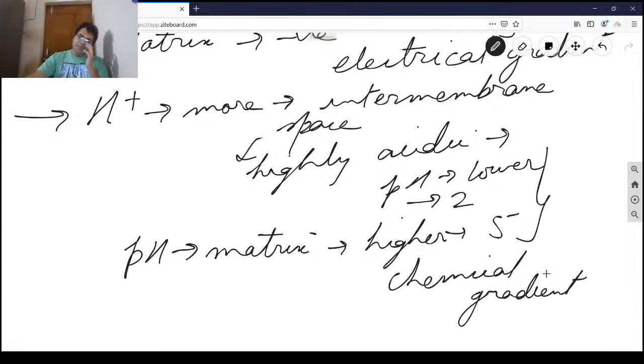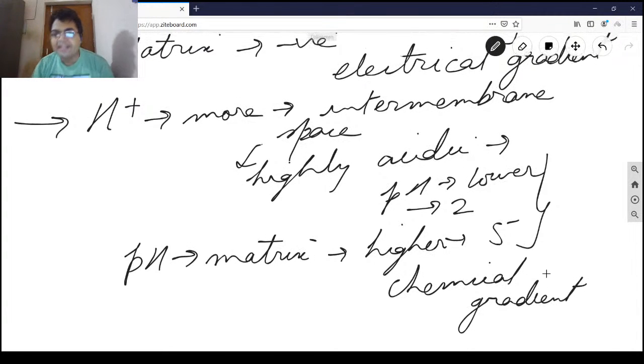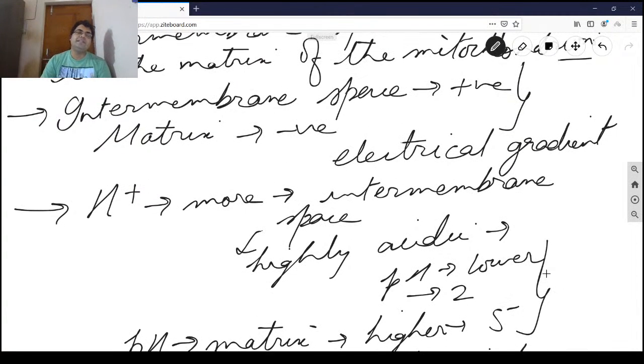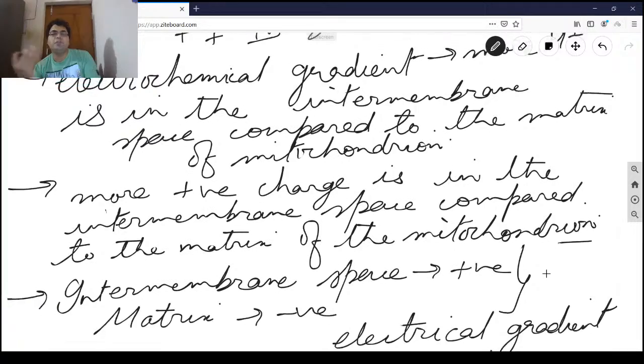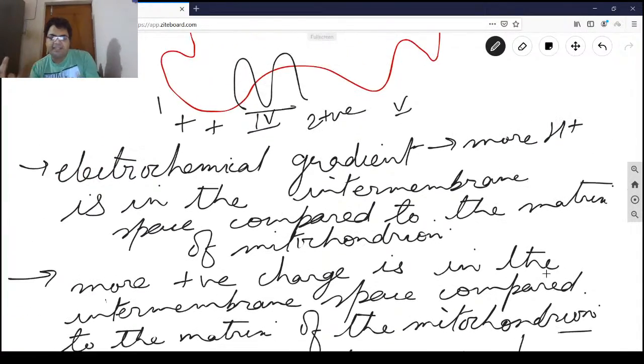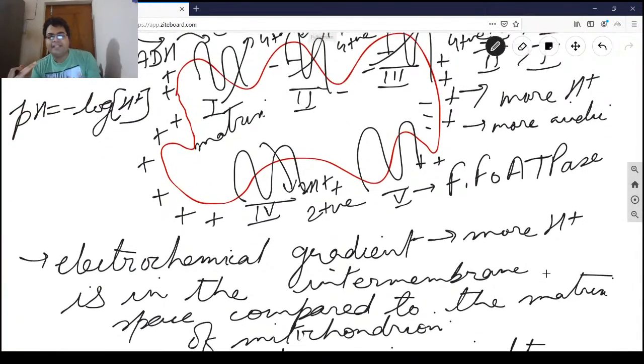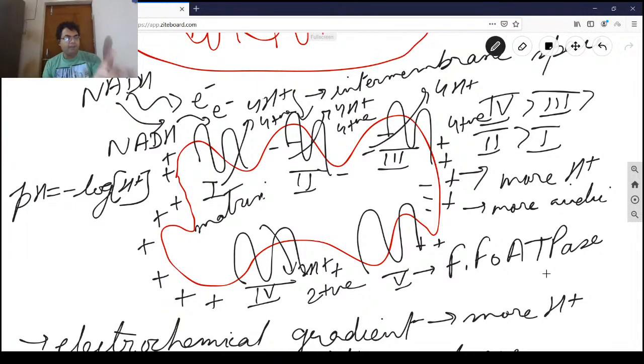Now when we have produced an electrochemical gradient, what would happen is, after a certain point in time when this entire NADH2 complex 4 cycle is done, enough H plus have been moved to the intermembrane space.